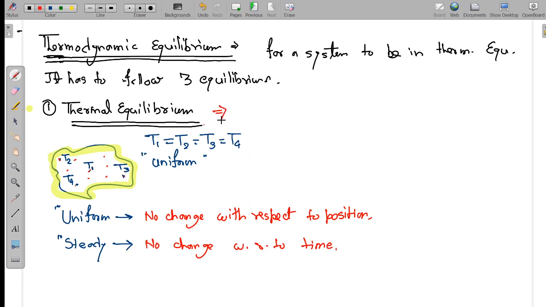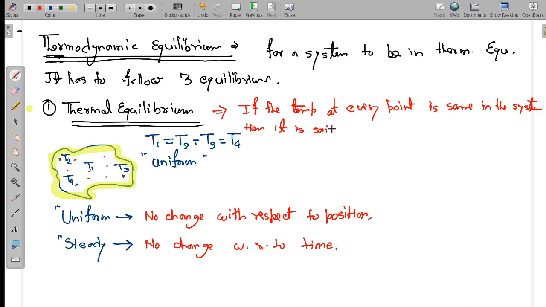So I can define that if the temperature at every point is the same in the system, then it is said to be in thermal equilibrium.